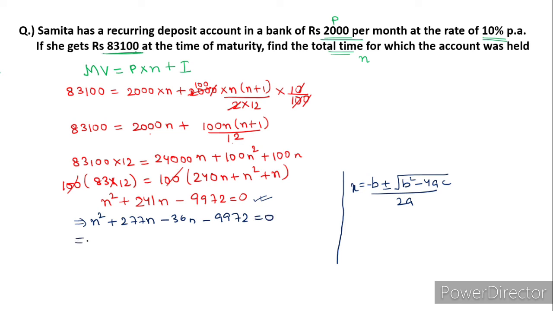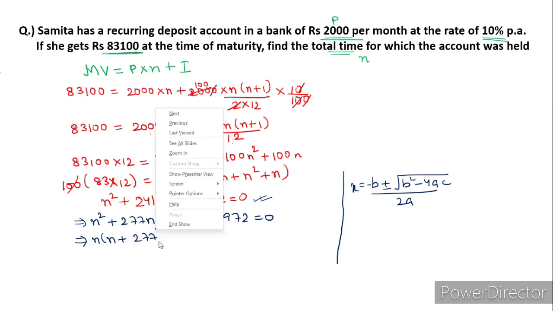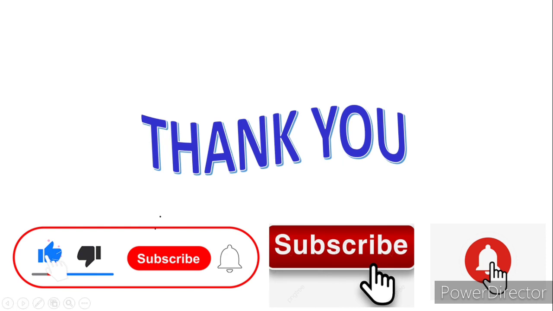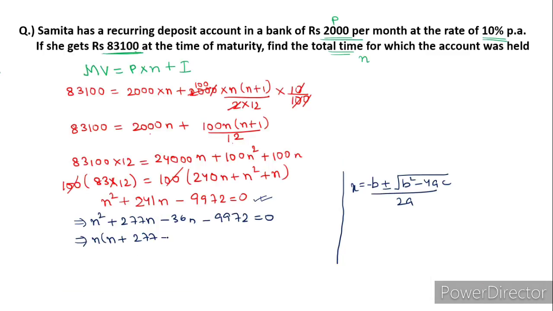Take out n common here. So what remains? N plus 277. Minus 36, take out 36 common. Here also n plus 277 equal to 0. N minus 36 and n plus 277 equal to 0.